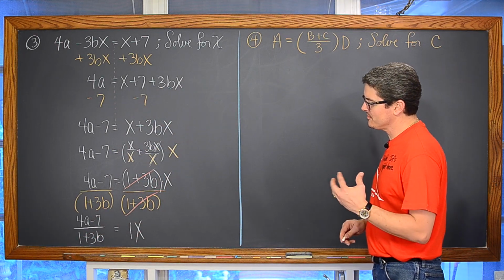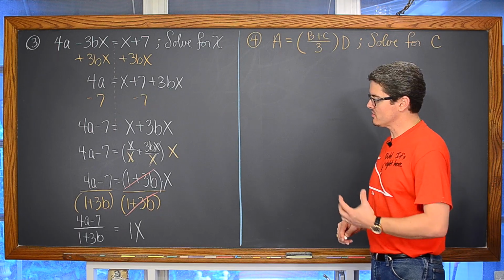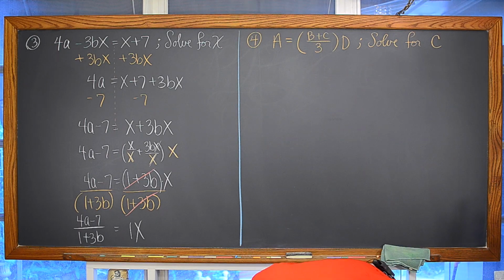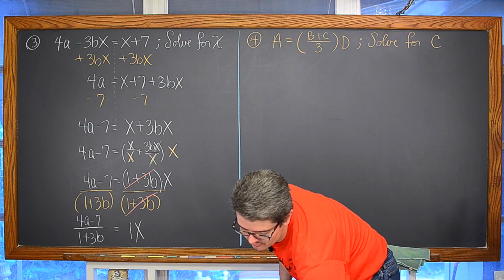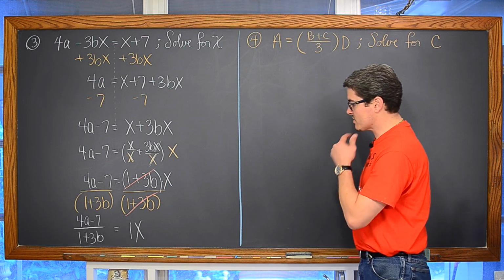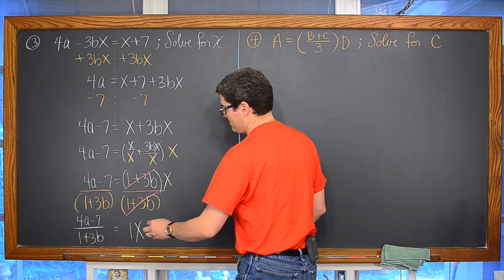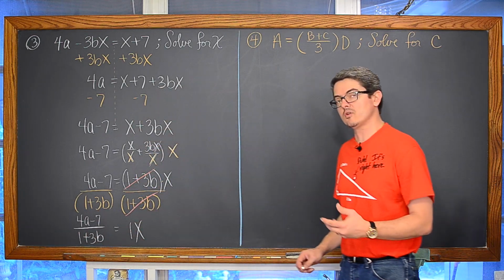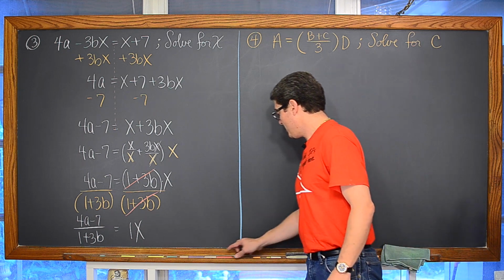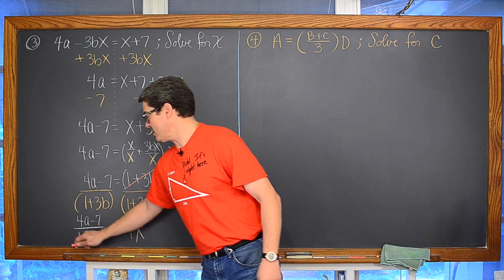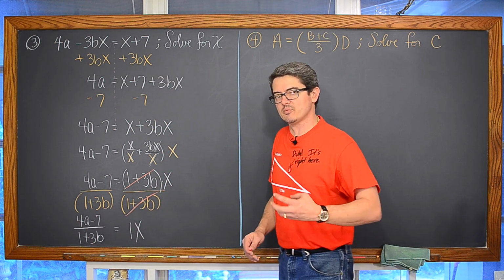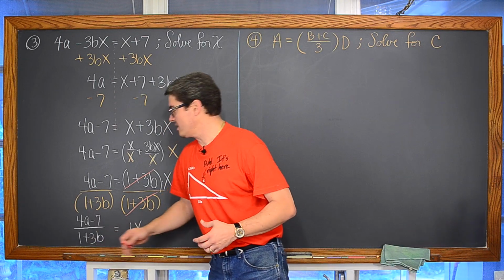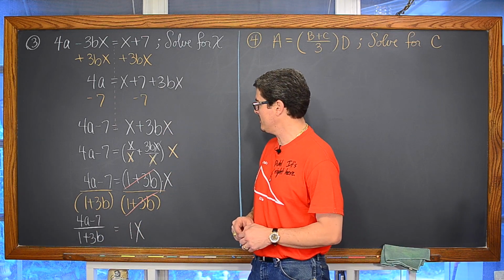Now, I'm not sure if in an algebra book your teacher is going to have you check the domain of your final answer, but what would be the domain of this expression? Yes, x is equal to 4a minus 7 over 1 plus 3b, but there's going to be a possible issue with that 1 plus 3b down here in the denominator.